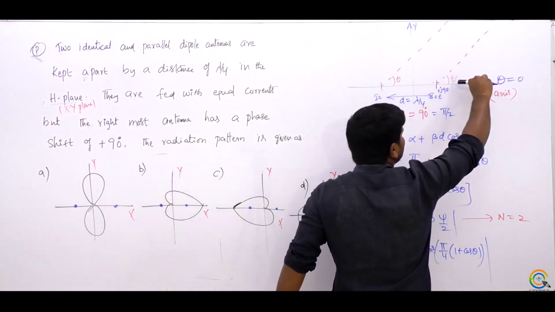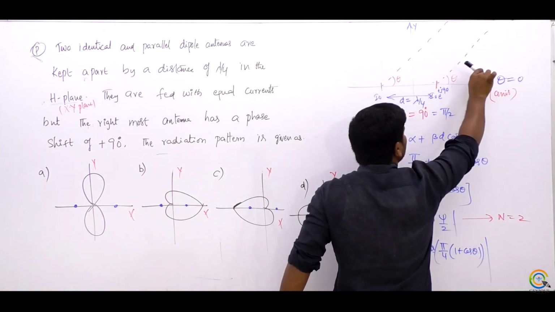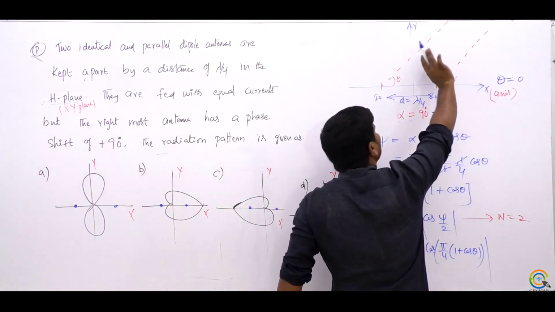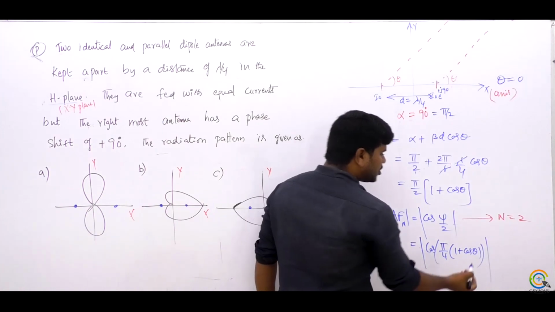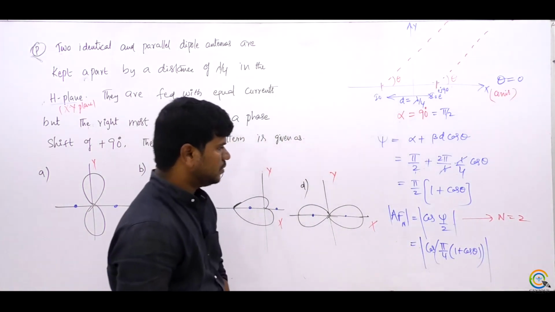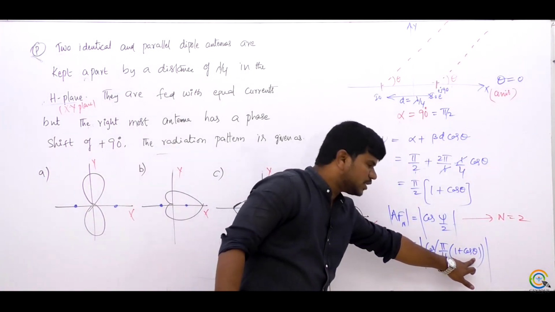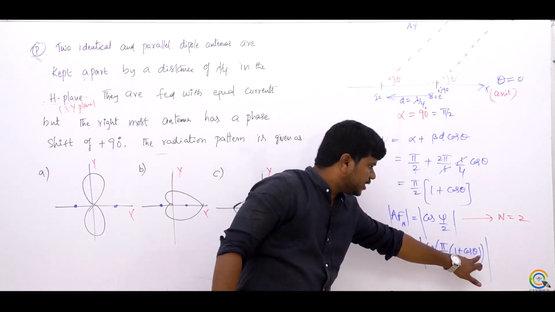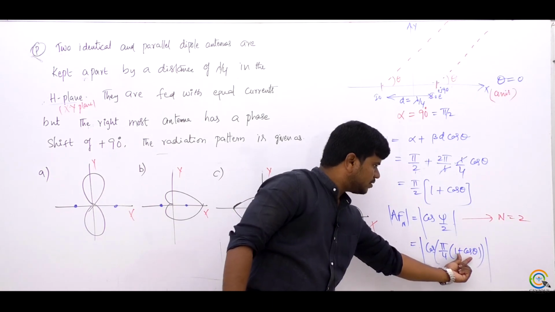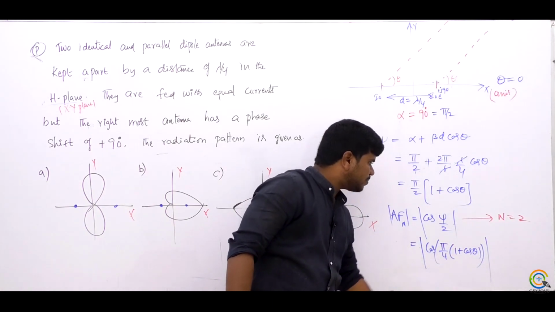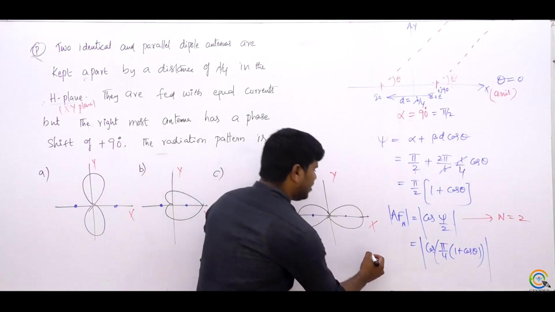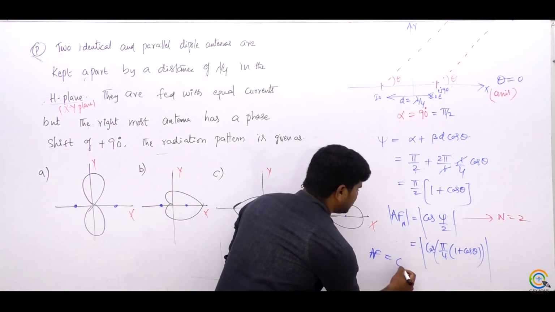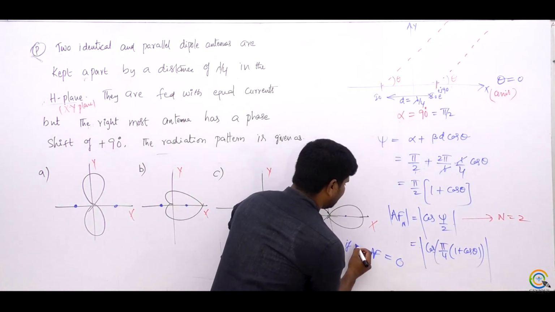If it is in this direction, theta is 0; otherwise theta is some non-zero value like this. Suppose you put theta equals 0, then cos theta is 1, 1 plus 1 is 2, and cos of pi by 2 is 0. So the error factor will be 0 if theta equals 0.